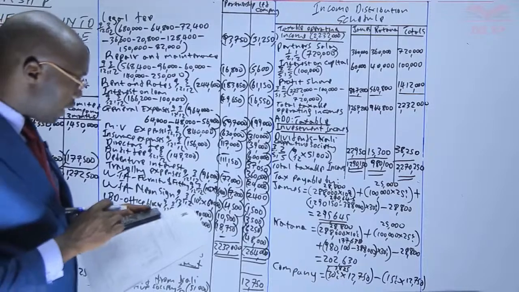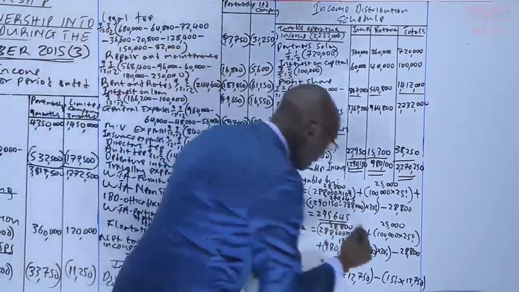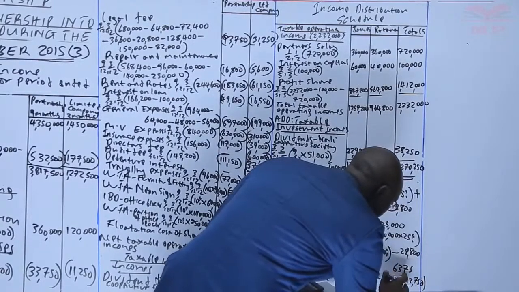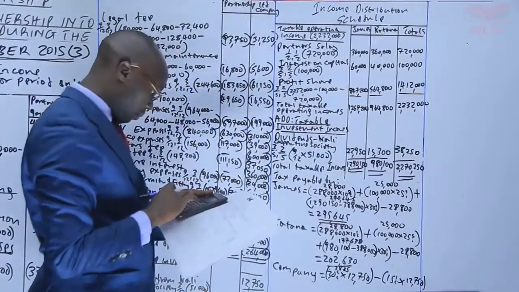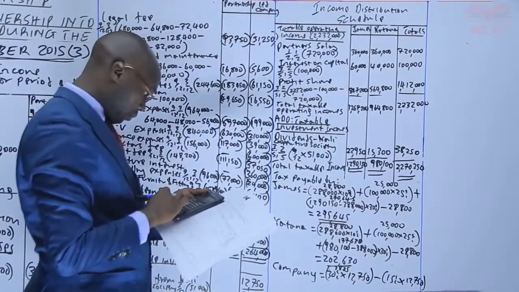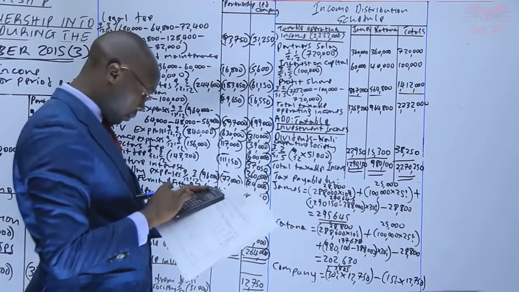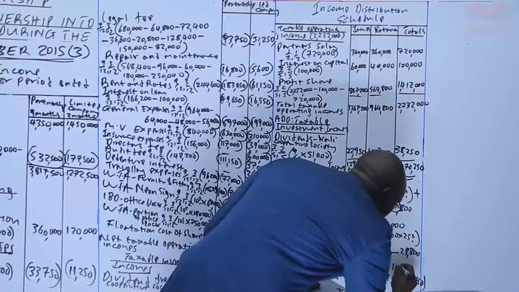Let me do it again. 15% times 12,750, that is 1,912.5.